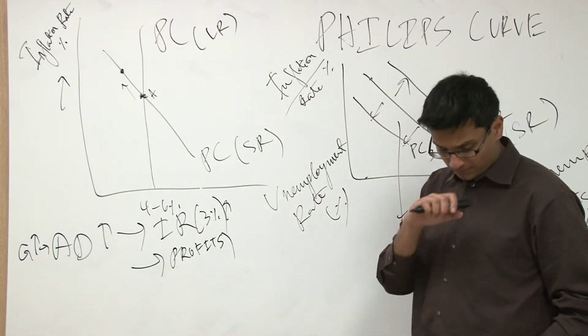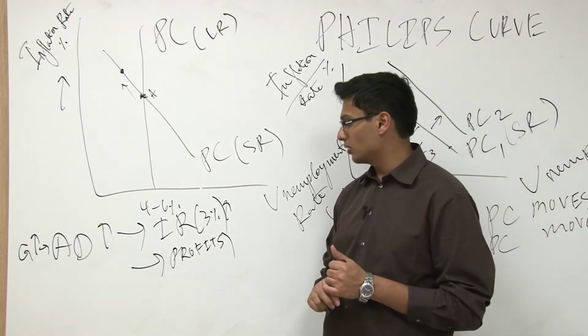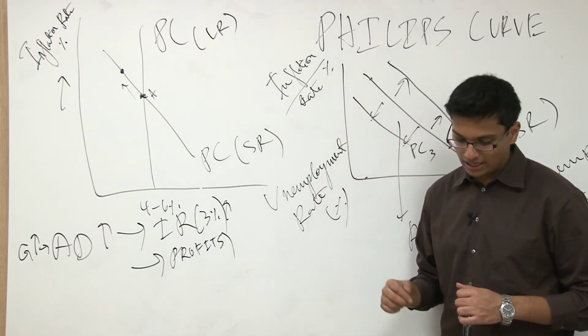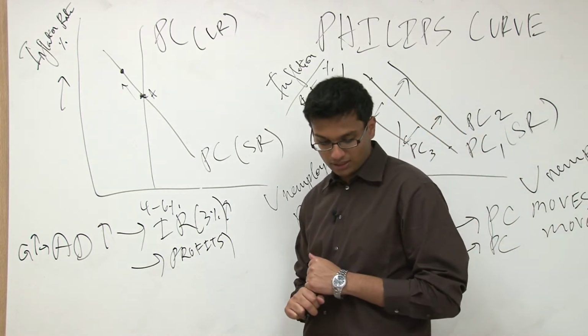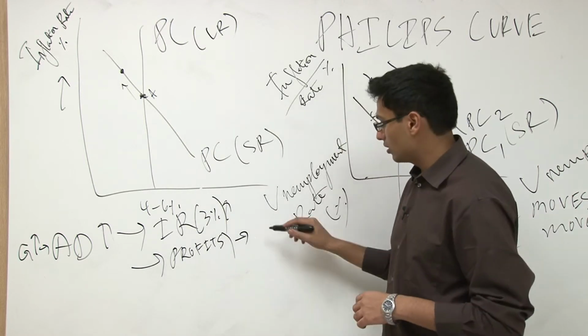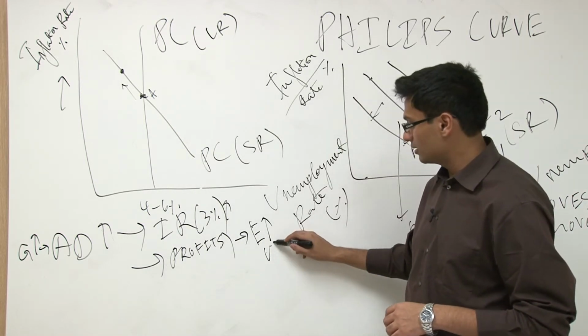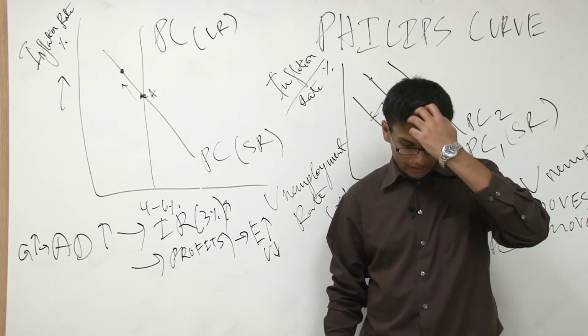Because basically money is flowing into companies and they get to make bigger profits. As profits go up, employment goes up and unemployment goes down.